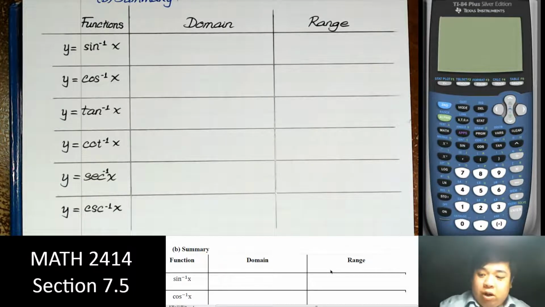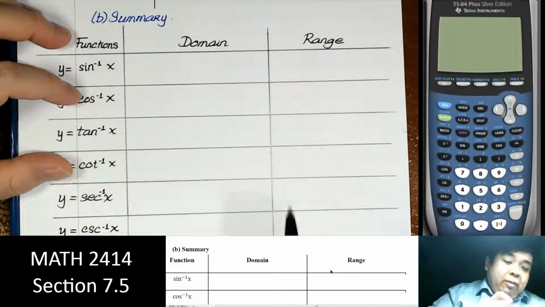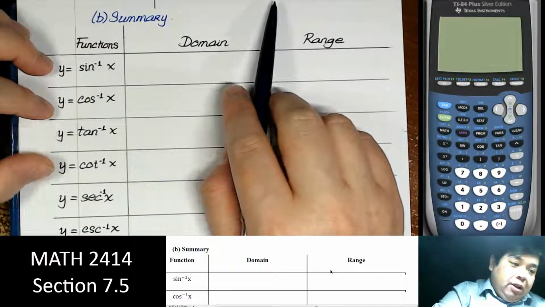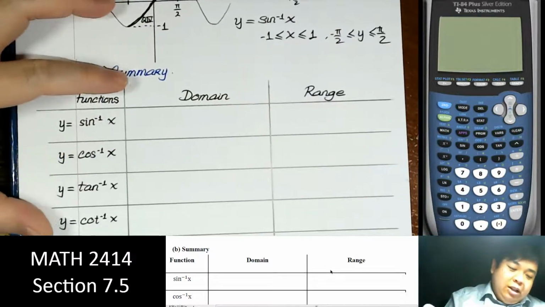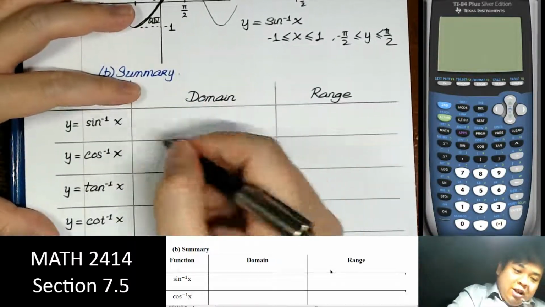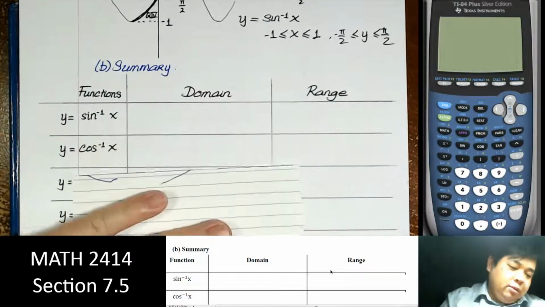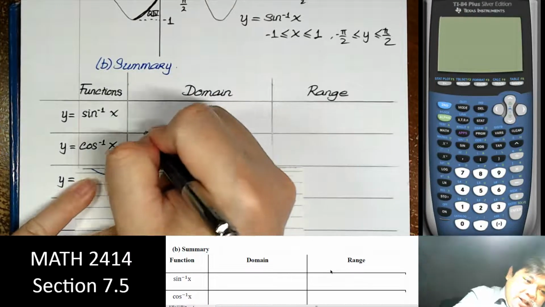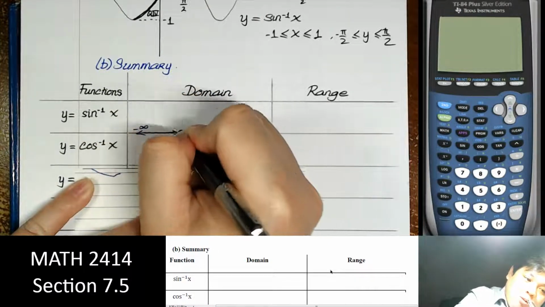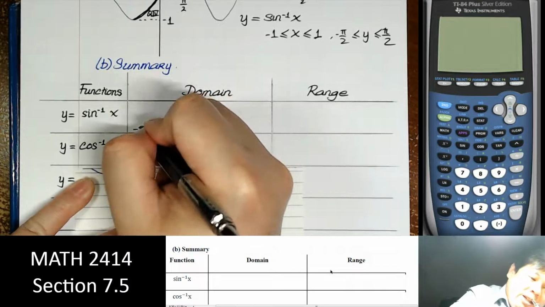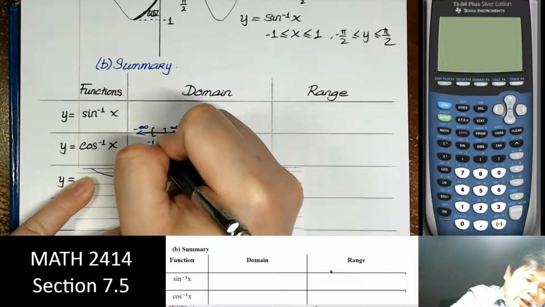Now, I just want to summarize. The domain: for sine and cosine, the function is bound between -1 and 1. So for the first two, the domain is, I'm sorry, from -1 to 1.